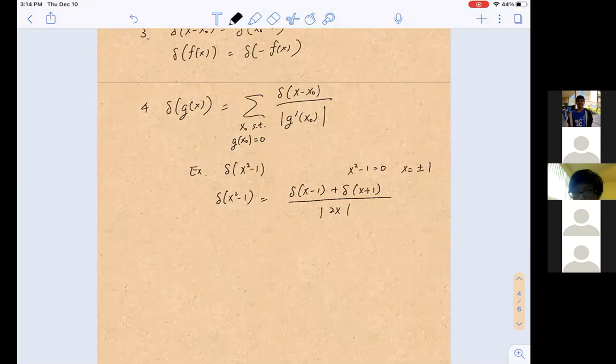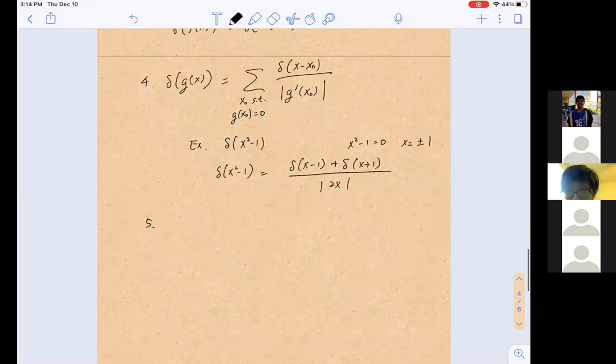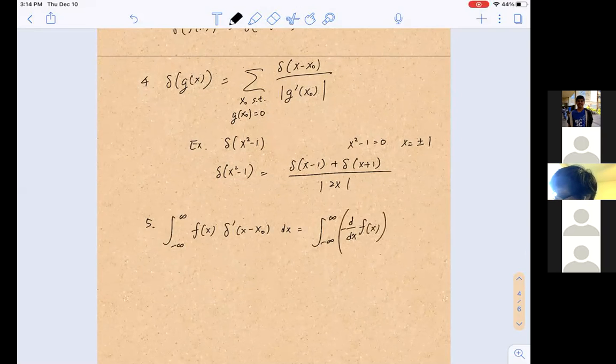Okay. And then we have finally derivatives of delta function. If f of x, delta prime of x, delta prime, say x minus x0. If you take the derivative, you do an integration by parts and get negative d/dx of f of x times delta x minus x0.